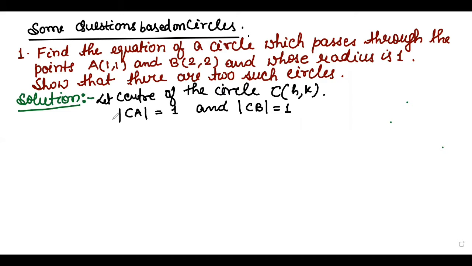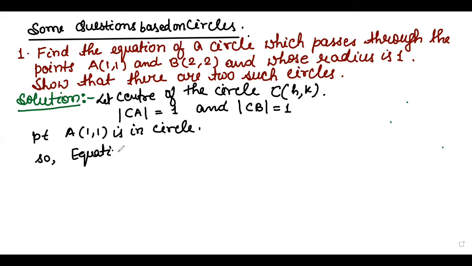Now, point A (1, 1) is on the circle, so it will satisfy the equation of the circle. The equation of the circle, we know, is (x minus h) whole square plus (y minus k) whole square equals r square.